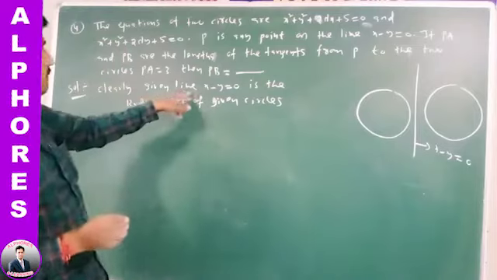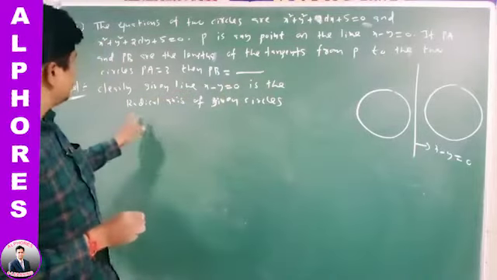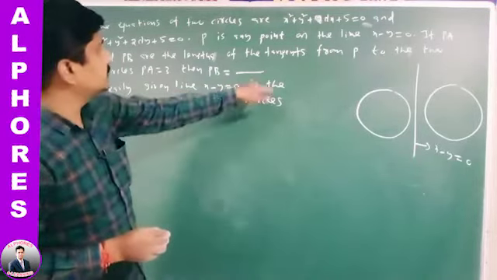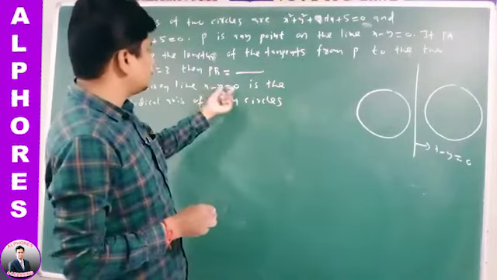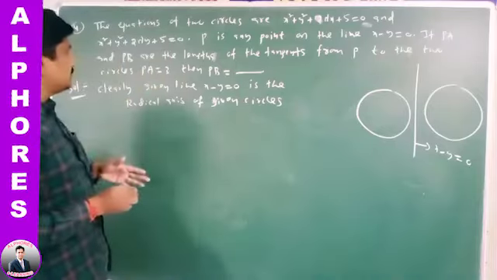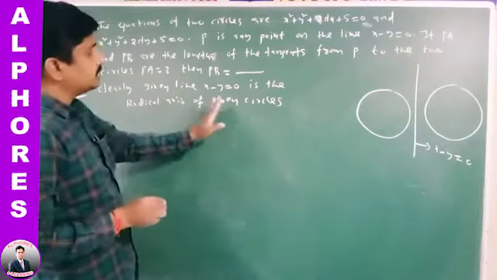When equation 1 minus equation 2, we get x minus y equal to 0. It means x minus y equal to 0 is the radical axis of the given circles.